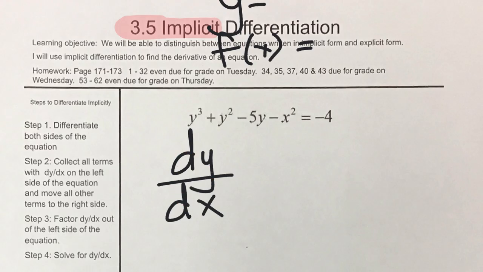And oftentimes I'm going to call this y prime, the derivative of y. So you can use either notation, dy dx or y prime. Just know that in most cases, the problem is going to ask you to find dy dx, not y prime. But y prime is kind of the lazy way of writing dy dx, but it means the same thing, the derivative of y with respect to x.